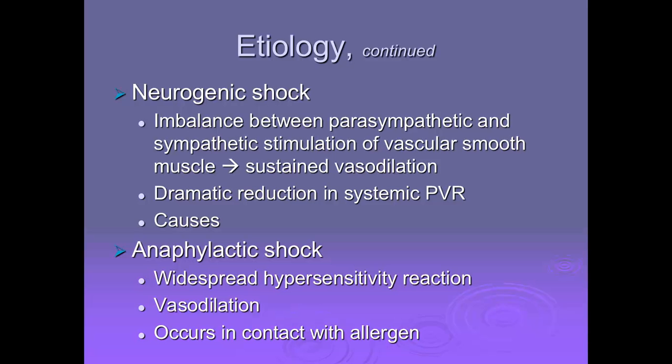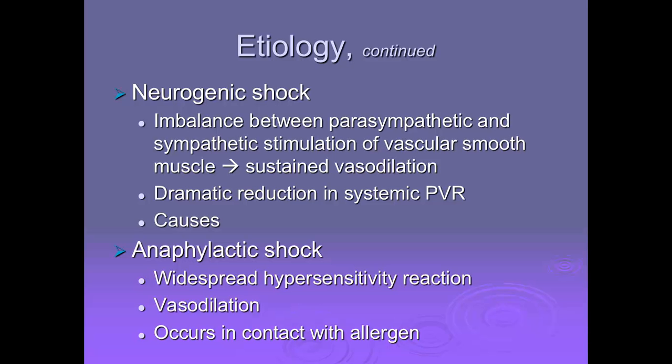Neurogenic shock is the result of an imbalance between the parasympathetic and the sympathetic stimulation of vascular smooth muscle. If overstimulation or understimulation persist, then you will have a sustained vasodilation. Once this occurs, the blood will pool in the venous and capillary beds.